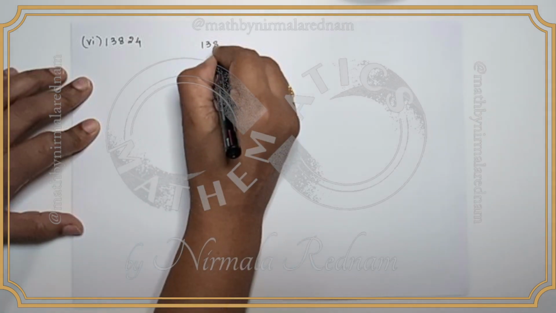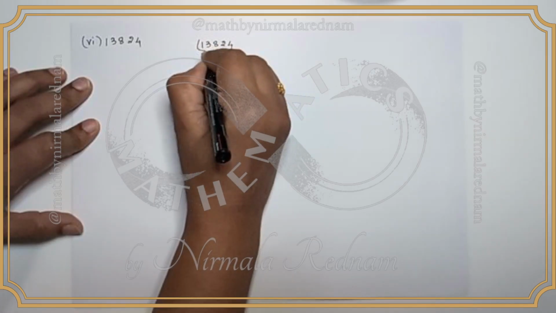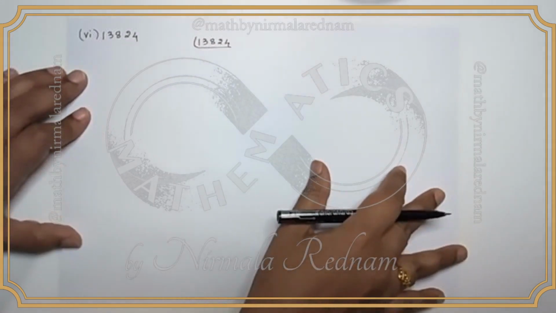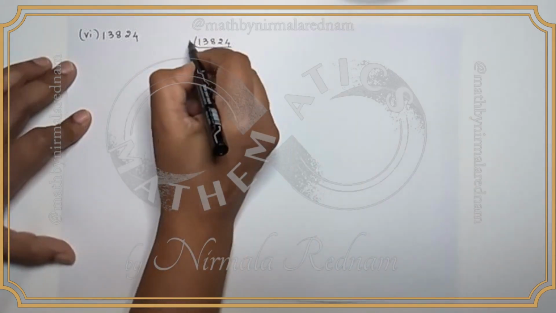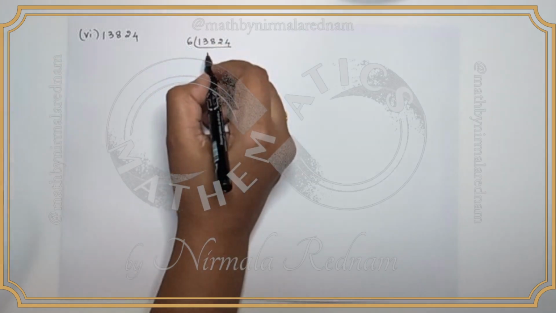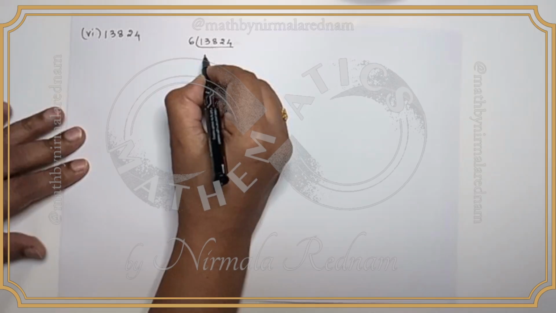What I'm suggesting is, let us check 6. If 6 works, let's see how it goes. 6 2s are 12, 6 3s are 18, and 6 is going to work. Let us see how the calculation is going to be with 6.